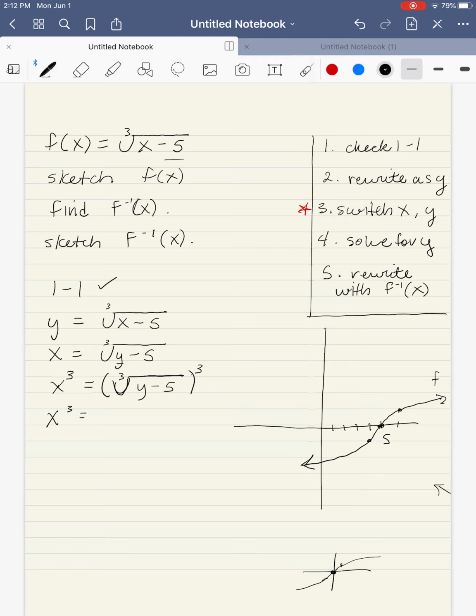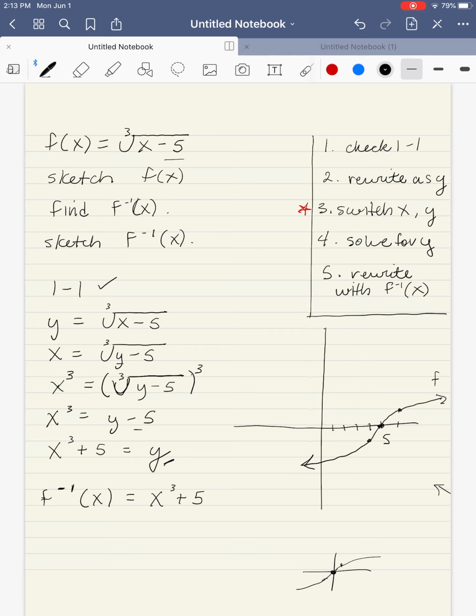The cube and the cube root eliminate each other, so I have x cubed equals y minus 5. And then now to get y by itself, I add 5 to both sides. And now this y is my f inverse. So I have f inverse of x is equal to x cubed plus 5.